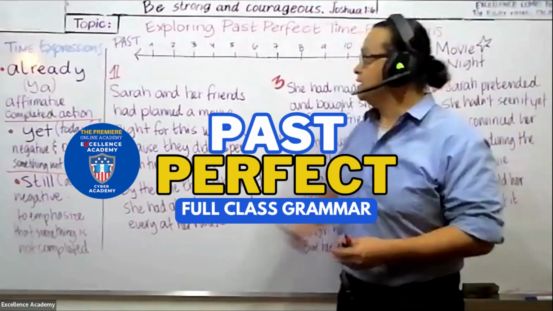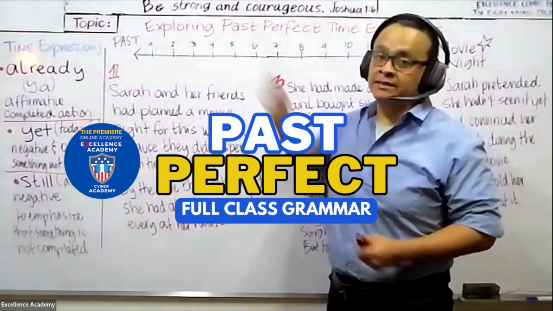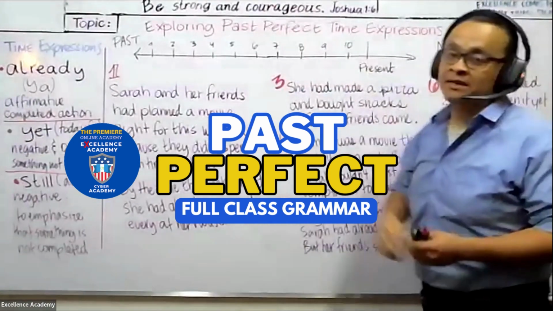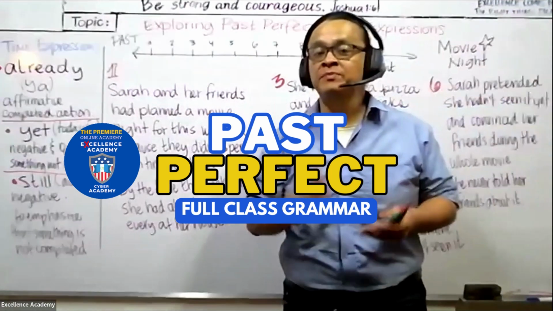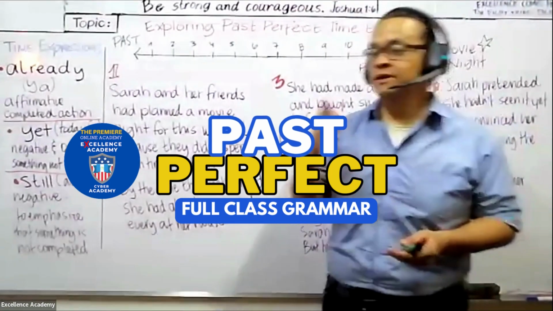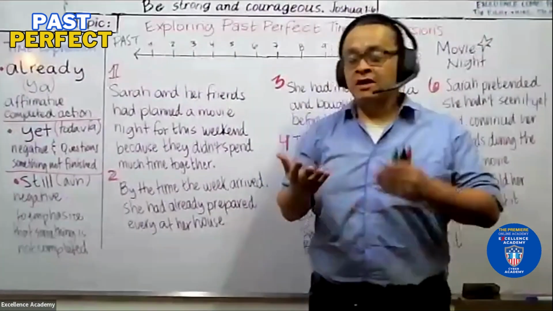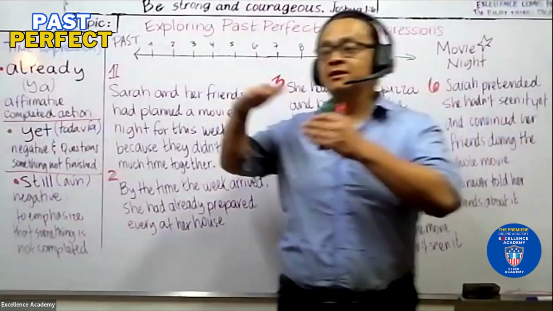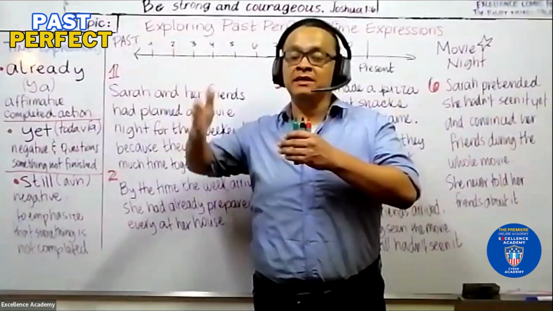Tonight's lesson is called Exploring Past Perfect Time Expressions. This is part 2 of our Past Perfect series. In our first Past Perfect lesson, we learned that the past perfect is a grammatical tense that talks about past events in sequence.